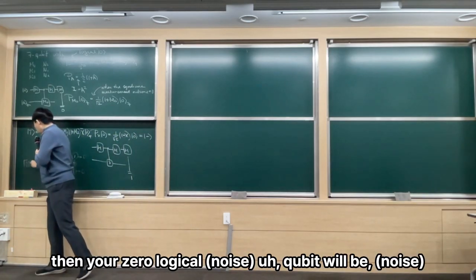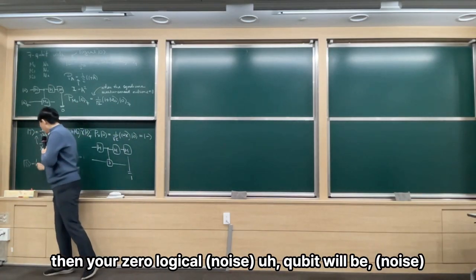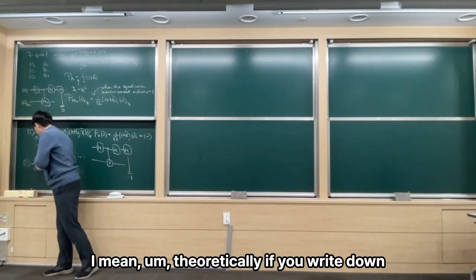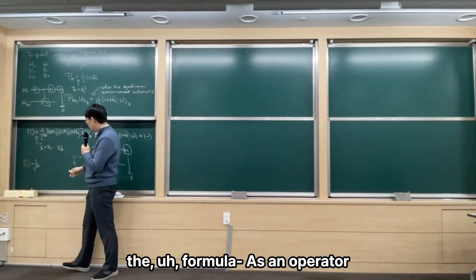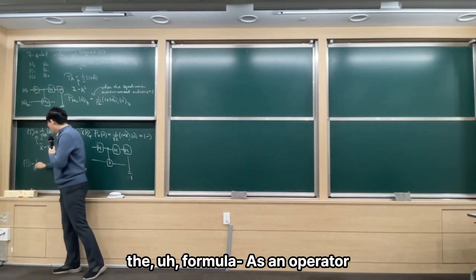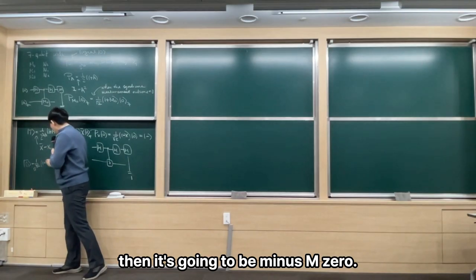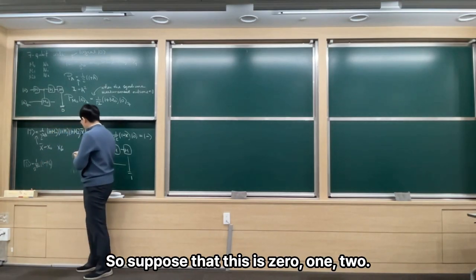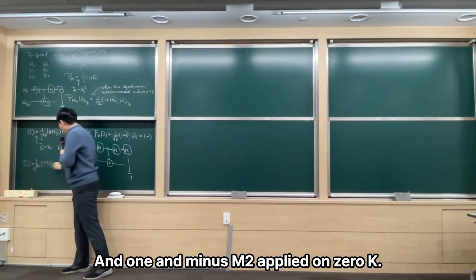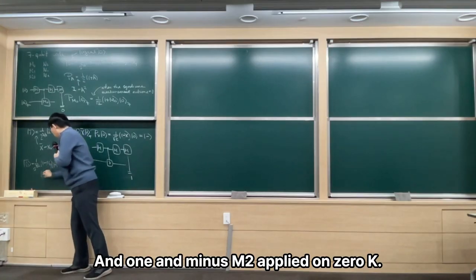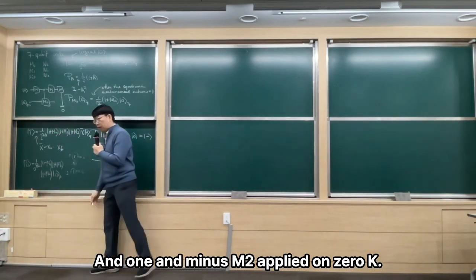your 0 logical qubit will be, theoretically, if you write down the formula as an operator, minus m0. So suppose that this is 0, 1, 2, and 1, and minus m2 applied on 0 cat.